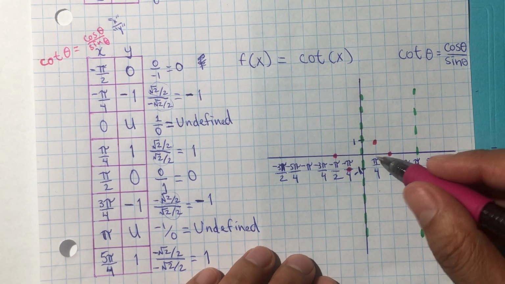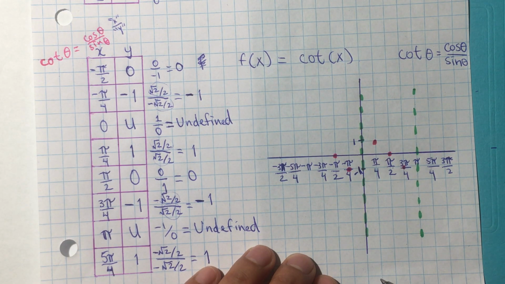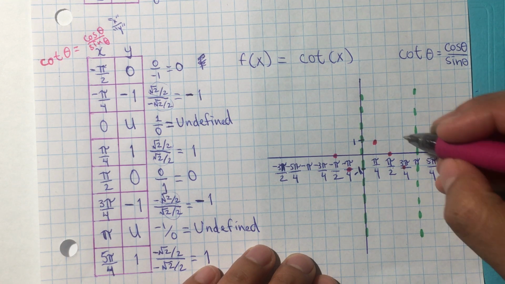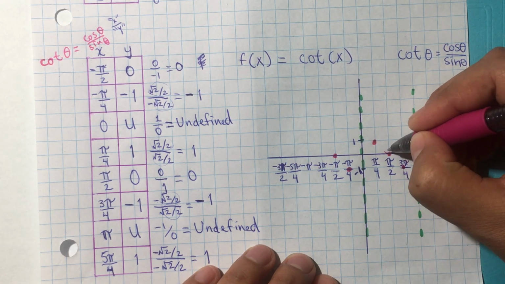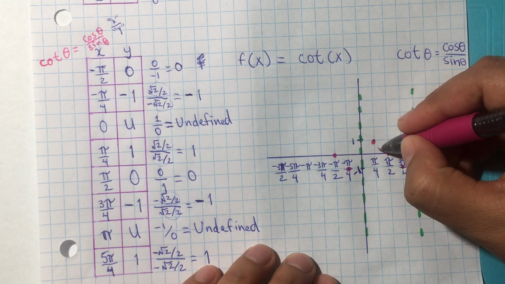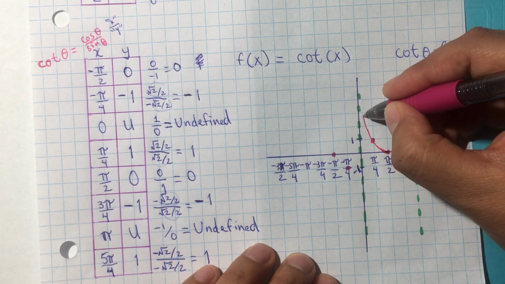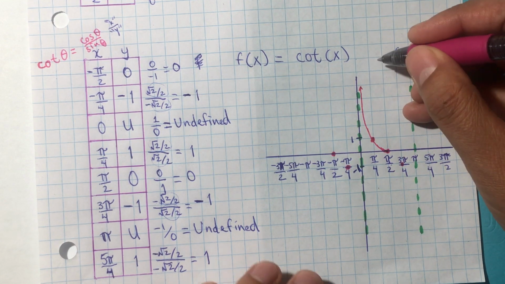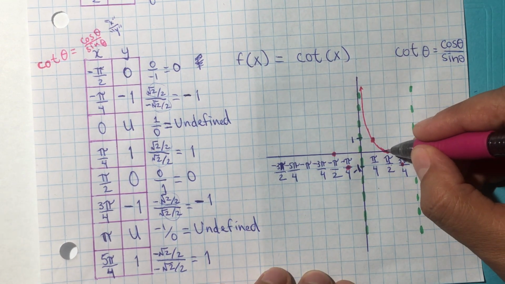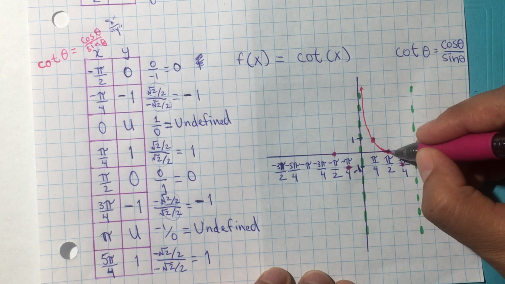Notice how in here, we only got that part and then it got cut off by the undefined. So now our graph is going this direction. So we start right here. Never touches the undefined. It approaches it, but it does not meet with it.